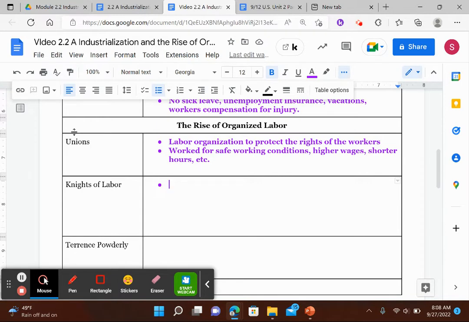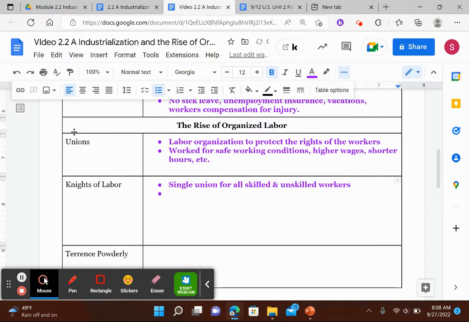Okay, so Knights of Labor, single union for all skilled and unskilled workers. 8-hour workday, higher wages, safety codes in the workplace.